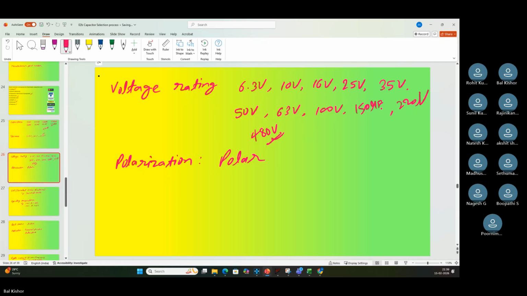Most commonly used in digital circuits are 35 volt or 63 volt. These two values I generally use in digital circuits because there your voltage rating will be maximum 24 volt. So even 35 volt will be sufficient, or if you want, you can go ahead with 63. 63 volt is much more common compared to 50 volt. That you have to understand.